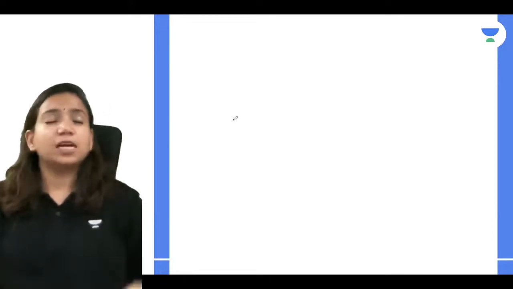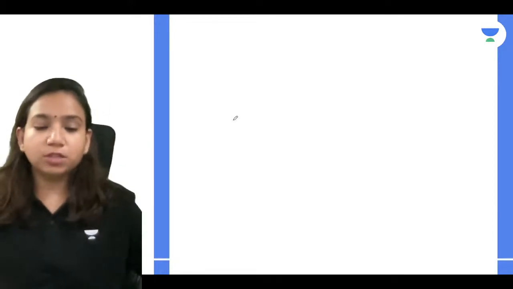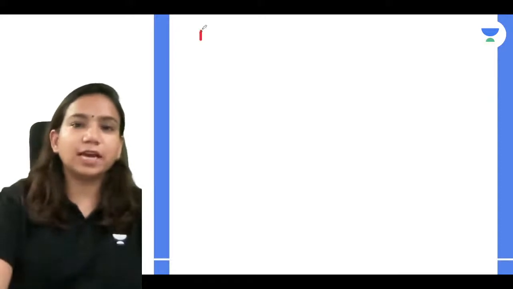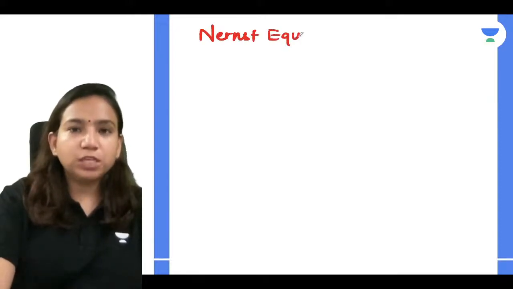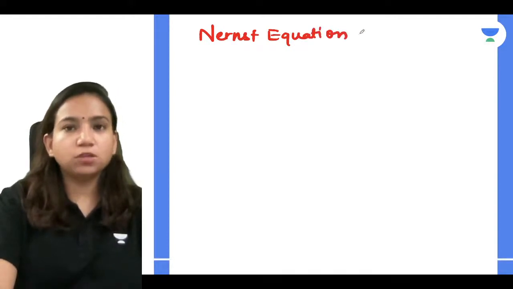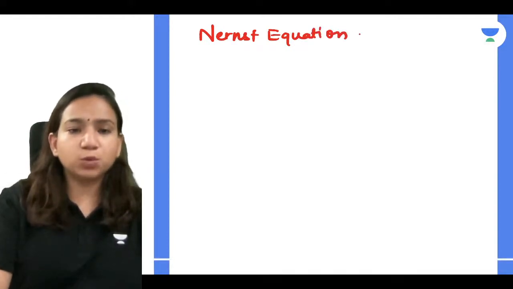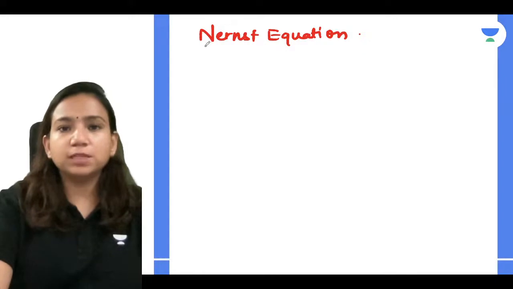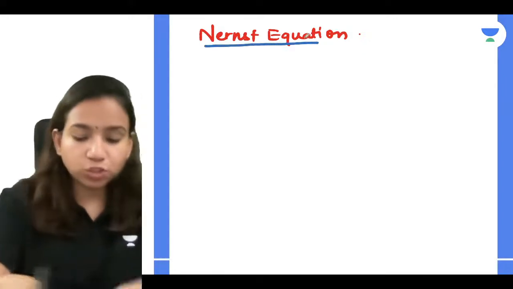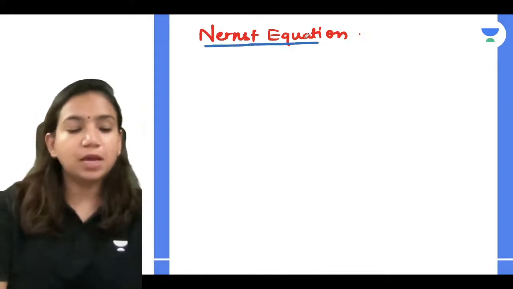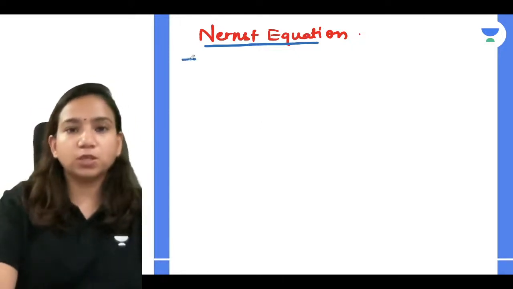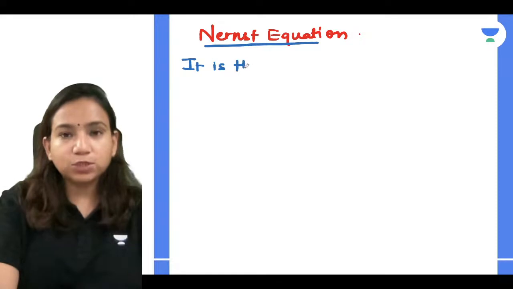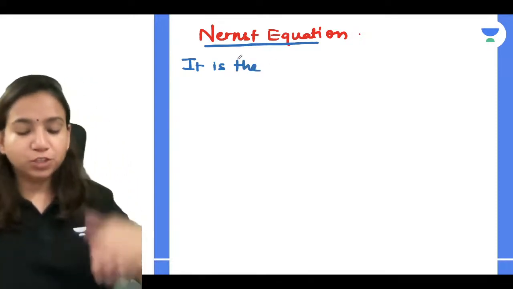Let's just start the Nernst equation topic without wasting time. What is the Nernst equation? In the previous class I discussed with all of you what the Nernst equation is. The Nernst equation is the equation which gives us the relationship between electrode potential and standard electrode potential. Hi Suman, good evening.